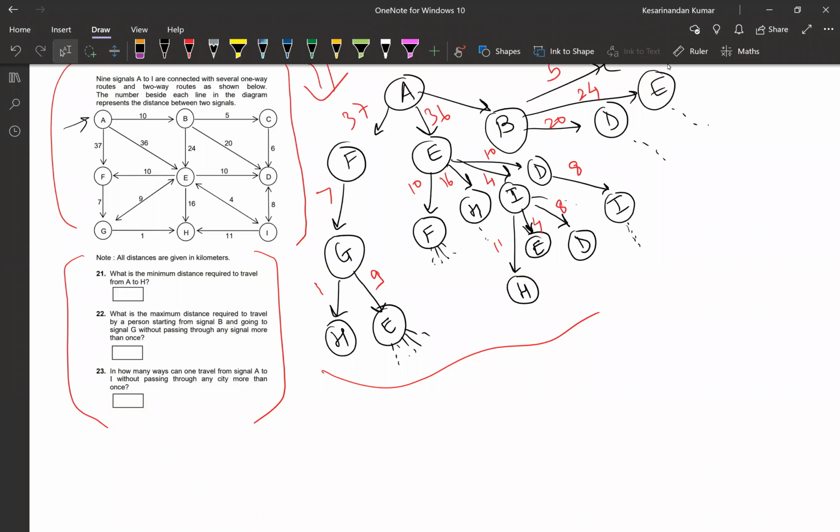Uttam, please check your 22nd one and 23rd one. Your first one is correct, the second two are not.